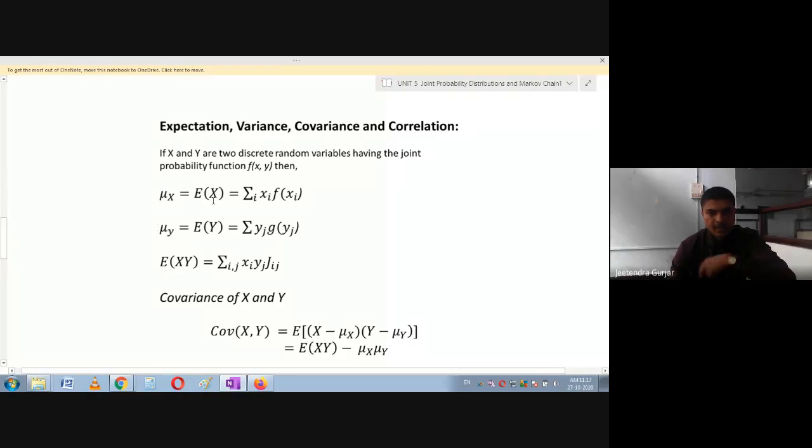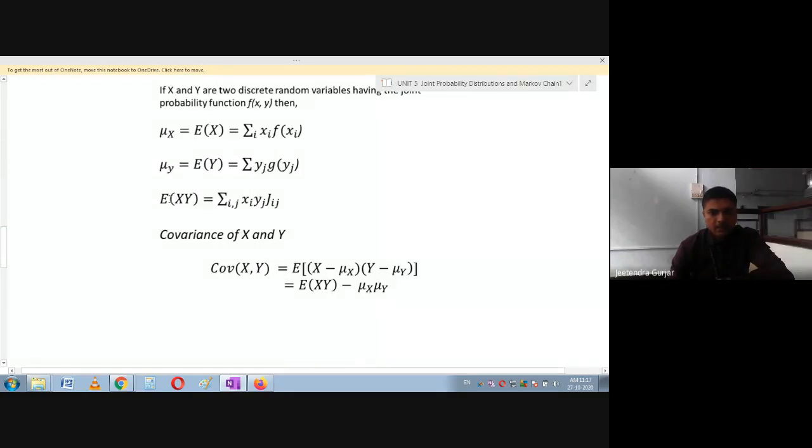This was expectation of x, expectation of y. But when we come across joint probability, we have to get the expectation of xy, which is equal to the sum of xi into yj into jij.